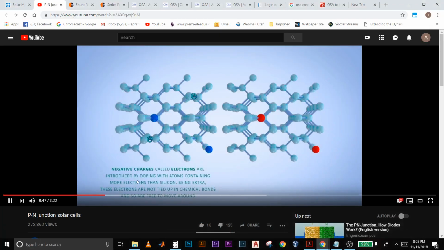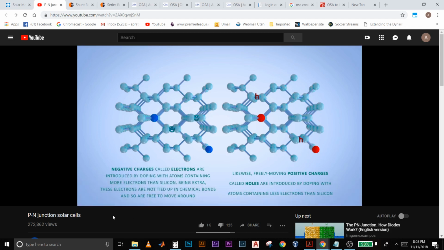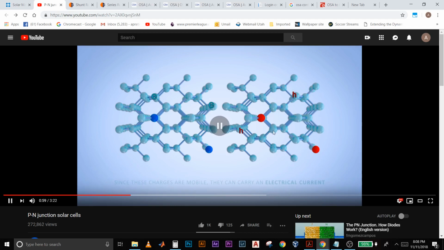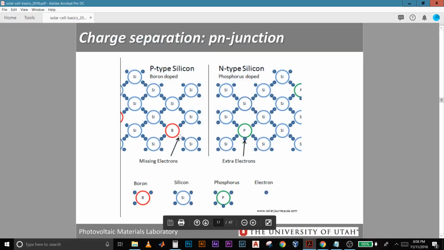Negative charges called electrons are introduced by doping with atoms containing more electrons than silicon. Like I said, with phosphorus being extra, these electrons are not tied in the chemical bonds and are free to move about. In the case of boron, since there is an absence of an electron, this can be thought of as the presence of a positive charge called a hole.